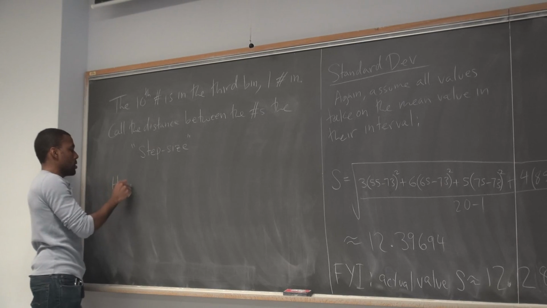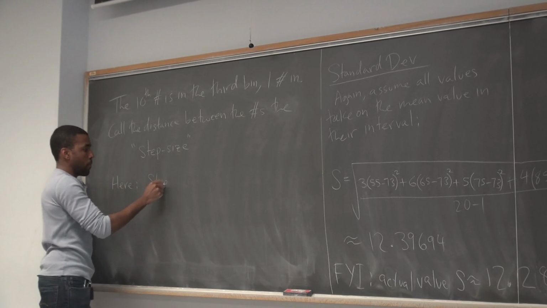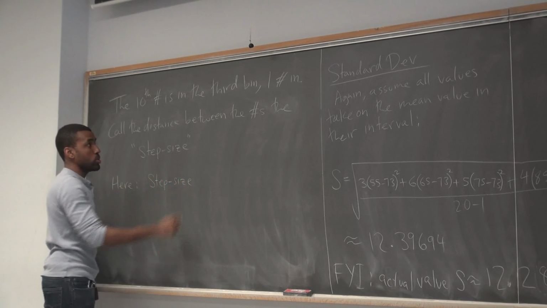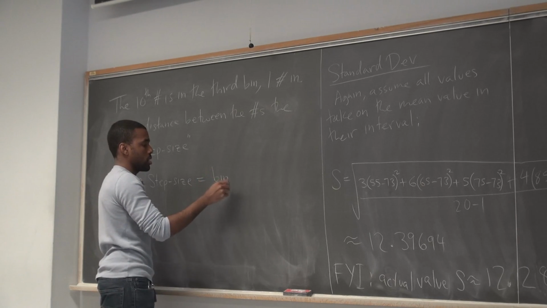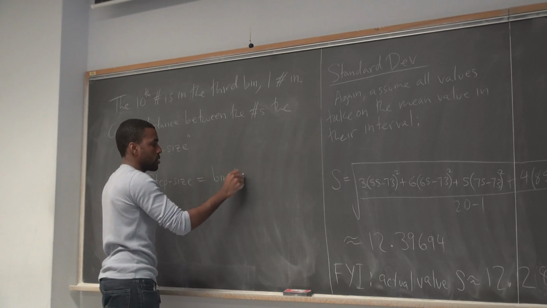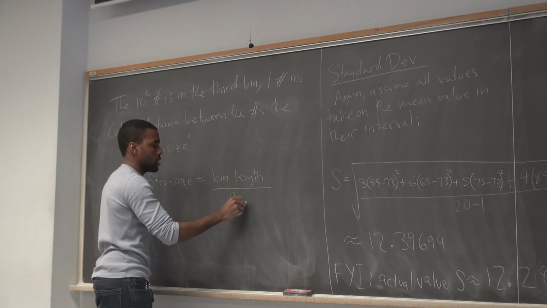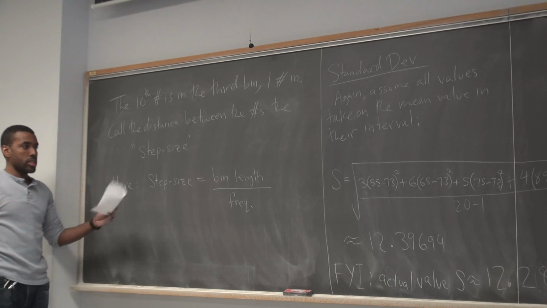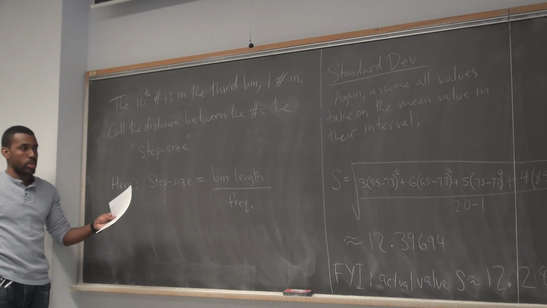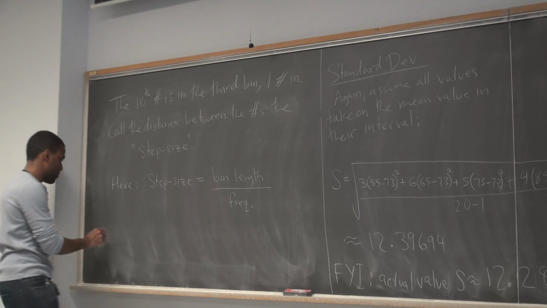Since we're assuming evenly spaced, the step size would be what? That's the distance between each number. It's going to be the bin length divided by the frequency. I know there's a distance of 10 total across this whole interval, but I want to divide it up by how many numbers there are. That's going to tell me the distance between each number.